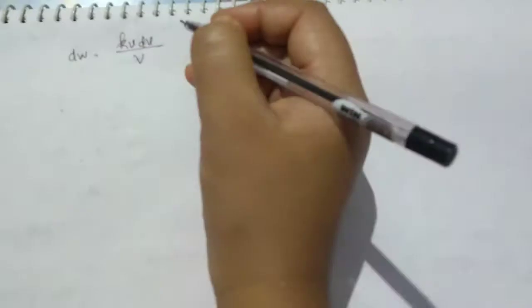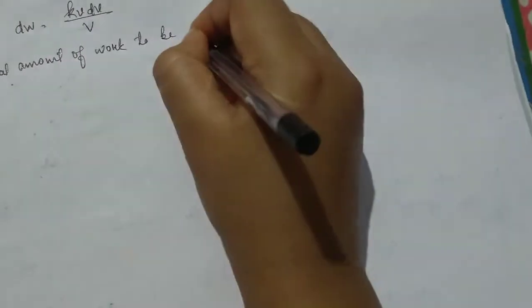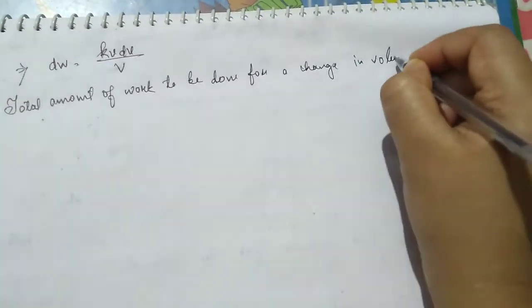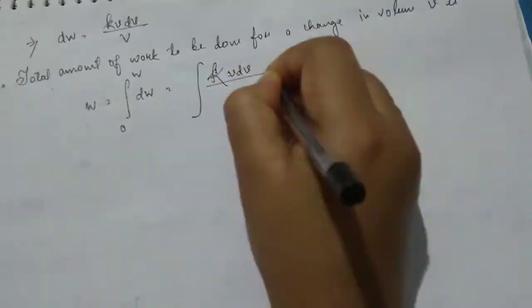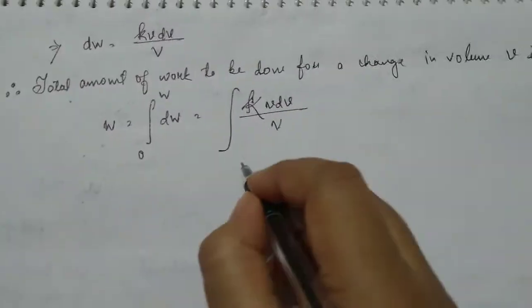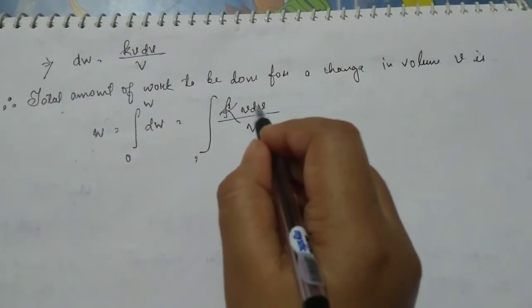Now we have dW equal to kappa small v dV by capital V. Therefore, the total amount of work to be done for a change in volume small v is the integral of dW from 0 to W. Here dW is kappa small v dV divided by capital V. As in the last case, we are integrating with respect to v because it is dv, so v is the variable.